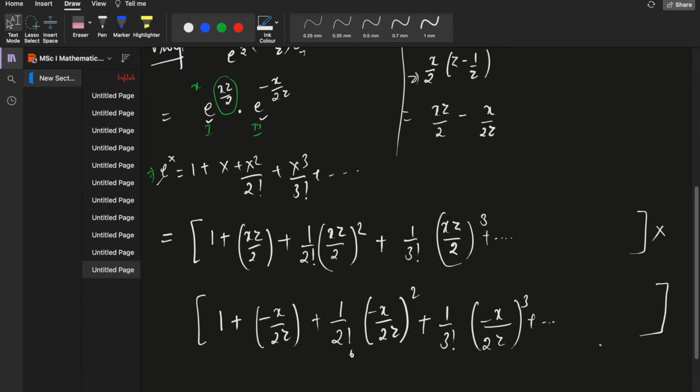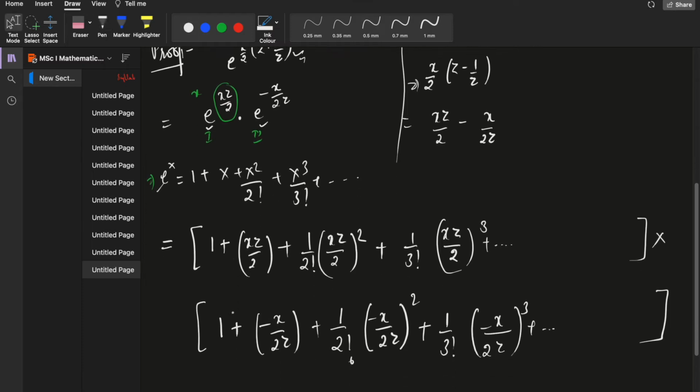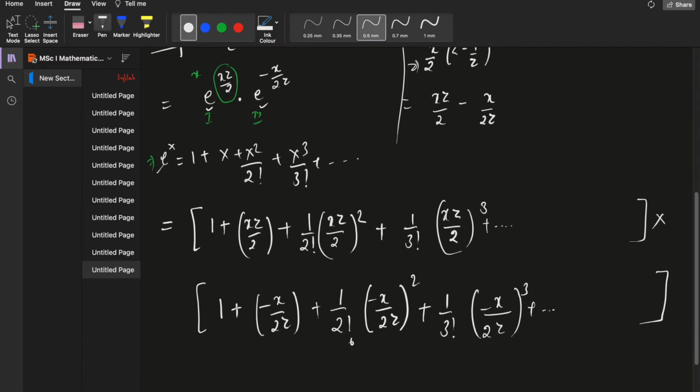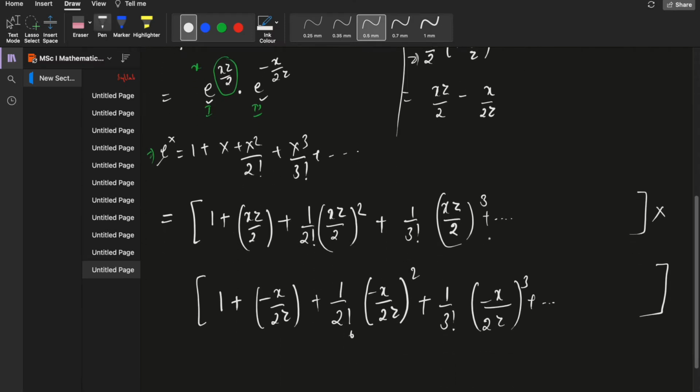Now if I have to compare the coefficient of z to the power n, where will I get z to the power n?